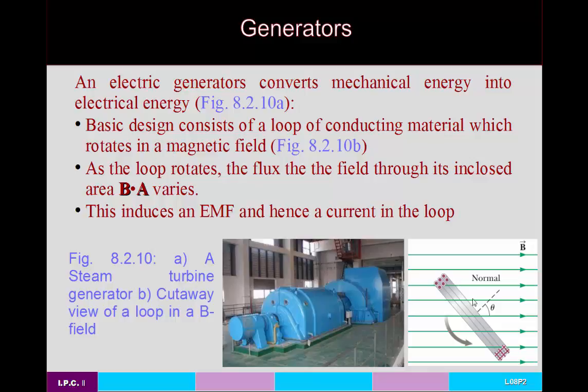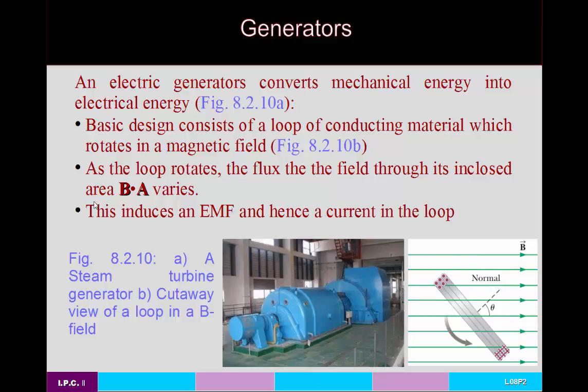So here's what a generator might look like. Here's the essential thing in a generator. It is a loop, or maybe a loop of several turns, that conducts, that is placed within a magnetic field. And as the loop is rotating, the flux of the magnetic field through the enclosed area is going to be changing.